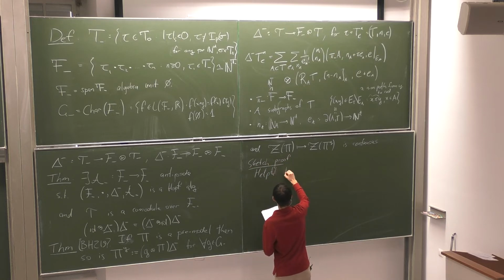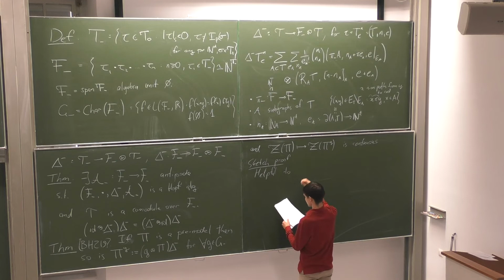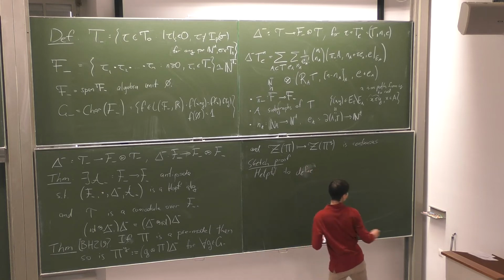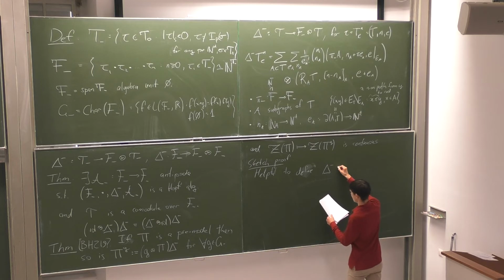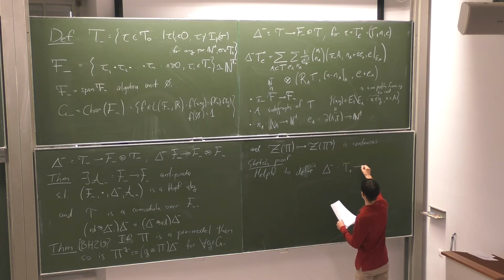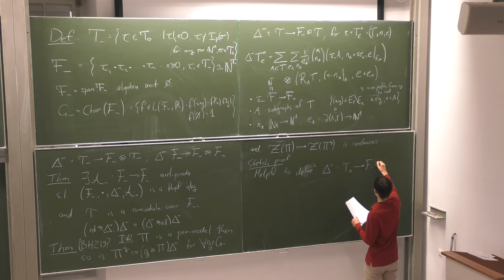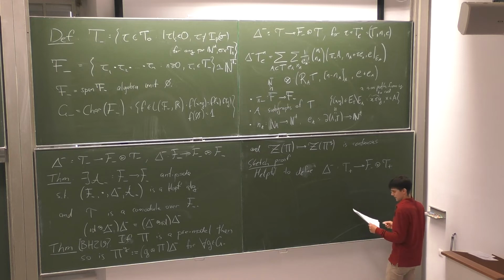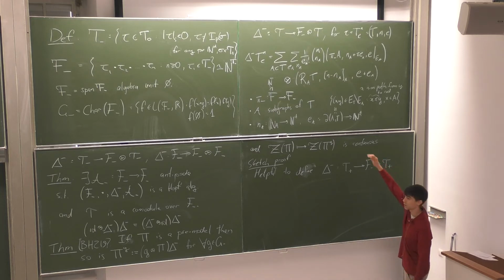So it's helpful to extend delta minus once more, by going from T plus to F minus tensor T plus. Essentially, as before, we put an appropriate projection on.